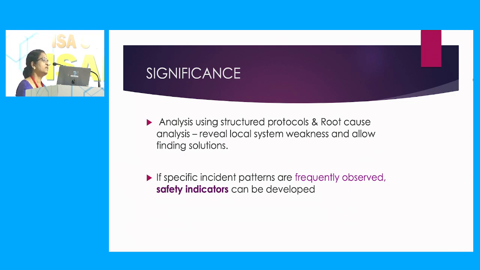Here, after an analysis using structured protocol and root cause analysis, that will reveal what is the local system weakness in that case. That allows us to find the solutions for that also. If an incident is frequently observed or repeating, safety indicators can be developed at the local level.